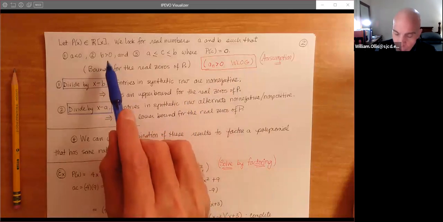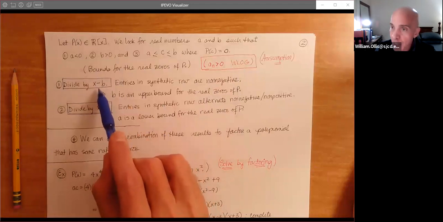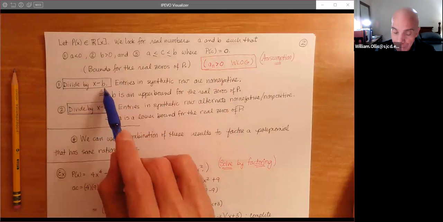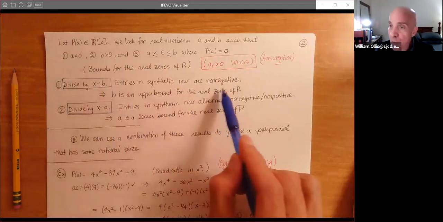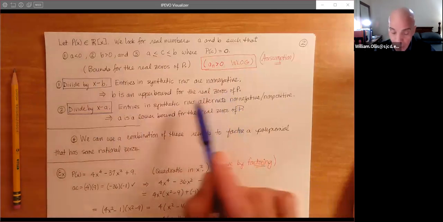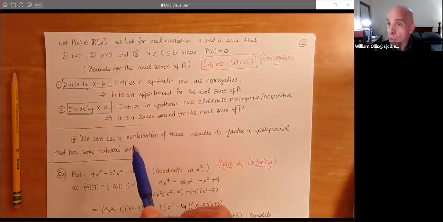If B is a positive number, and we do the synthetic division in this case, that is divide by X minus B. If the entries in the synthetic row that we generate are non-negative, it'd be 0 or positive numbers, then this says that B is an upper bound for the real zeros, okay?